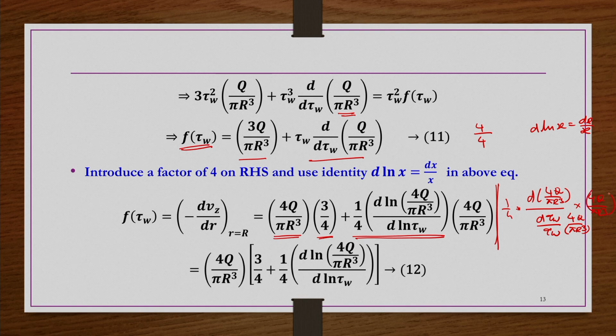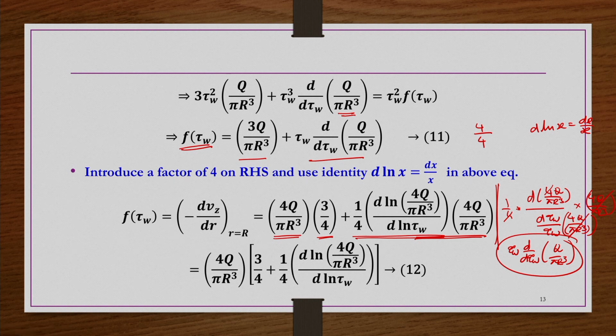So then this 4 q by pi R cube and this 4 q by pi R cube cancel out, so that within this differentiation the 4 can be cancelled out. So then we can have tau W d by d tau W of q by pi R cube. So that is nothing but the second term in the RHS.